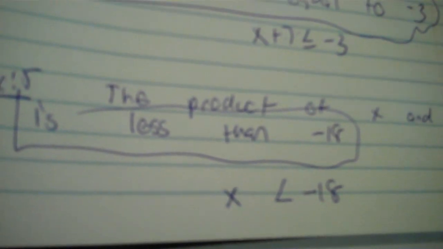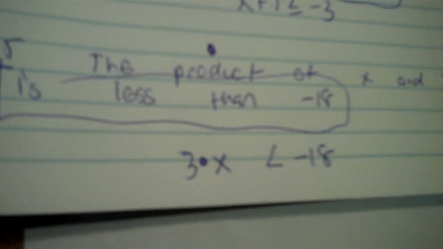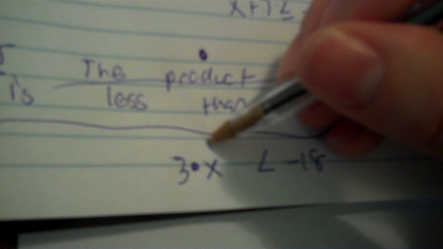So we have x, but there's an operation with product. Product means multiplication. Put the dot in front of the x and put 3 behind it, because when we solve equations like that, it's 3 dot x, not x dot 3, so 3x. Now you could also just put 3x if you wanted to. Okay, that's how you're going to do that set of examples.